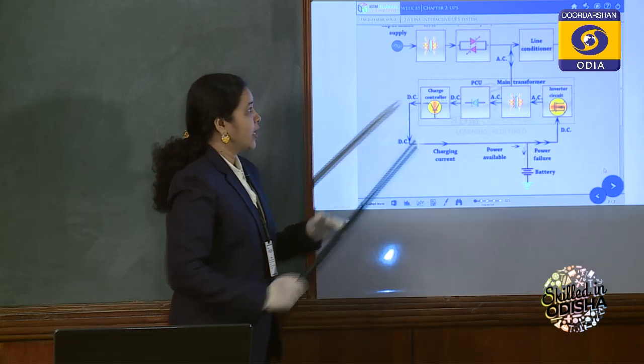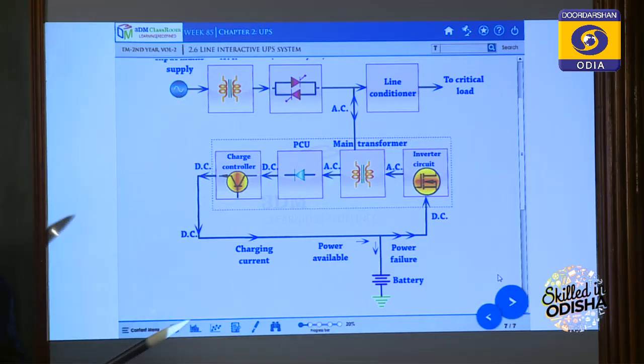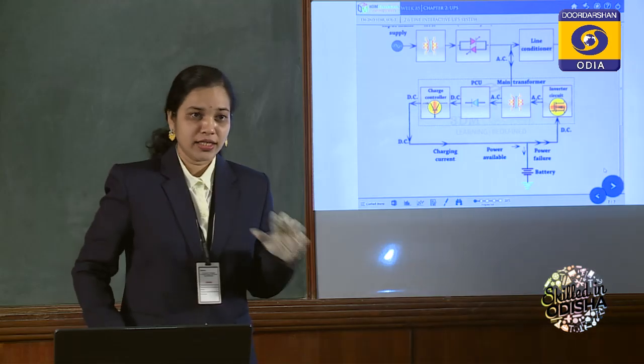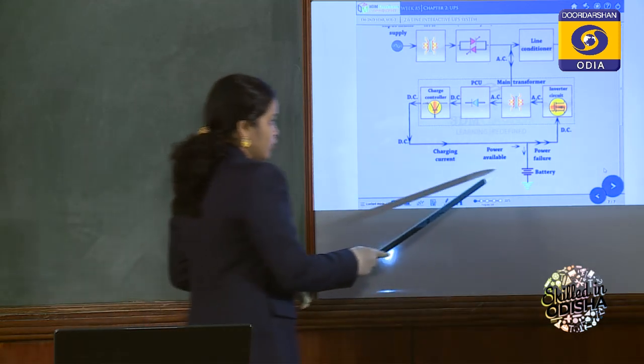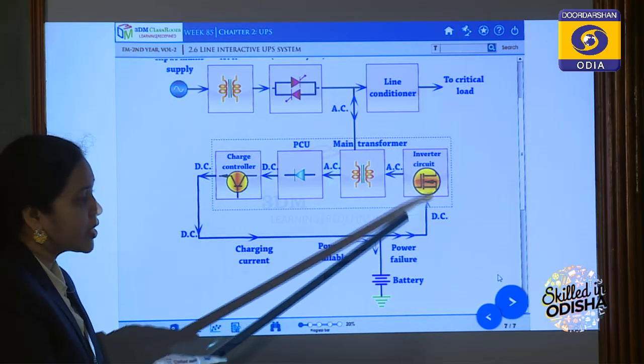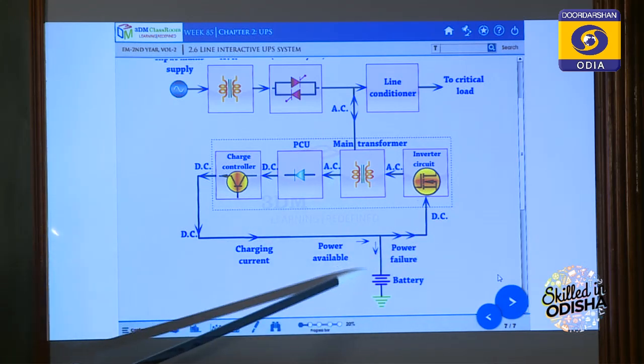But when our AC main supply is off, when we are not getting our AC main supply, at that time we are using our battery, or the inverter circuit here draws voltage from the battery.